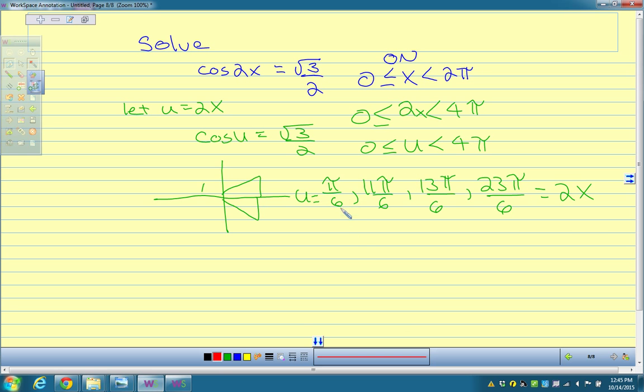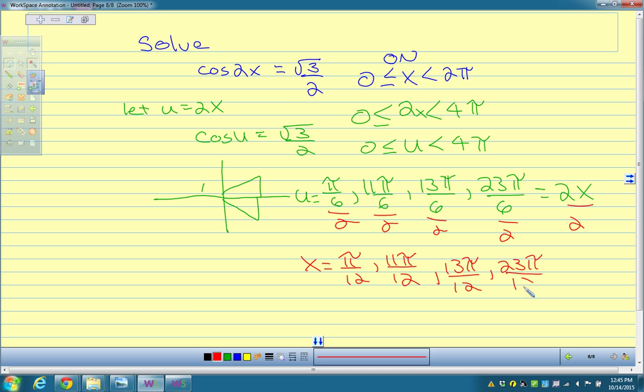So now I divide everything by 2. I'm going to divide this by 2, this by 2, this by 2, this by 2, and this by 2, and I get x is equal to pi over 12, 11 pi over 12, 13 pi over 12, and 23 pi over 12, right?